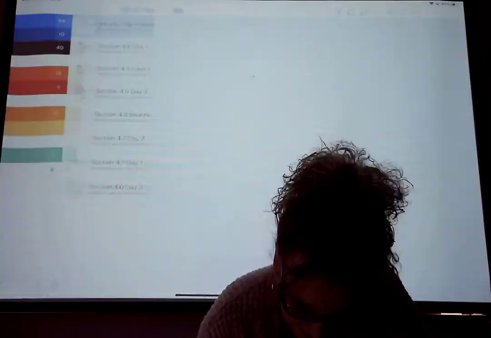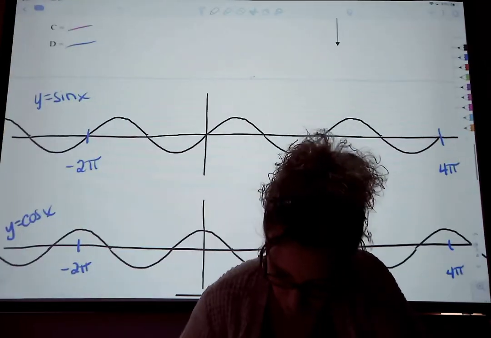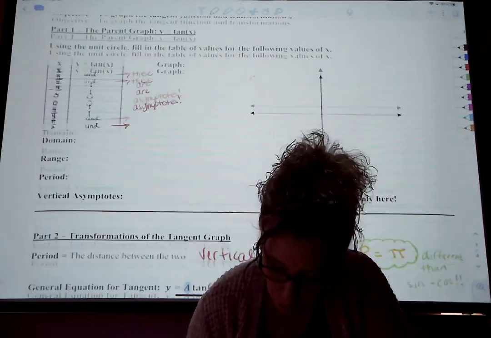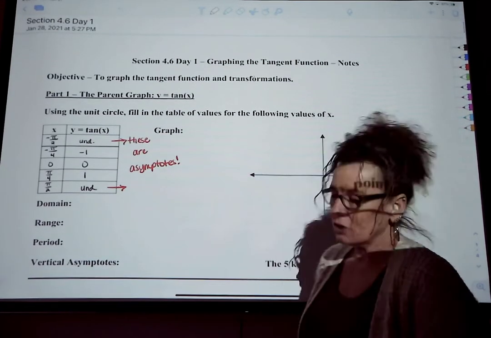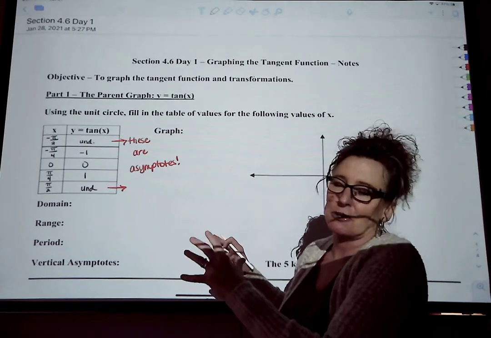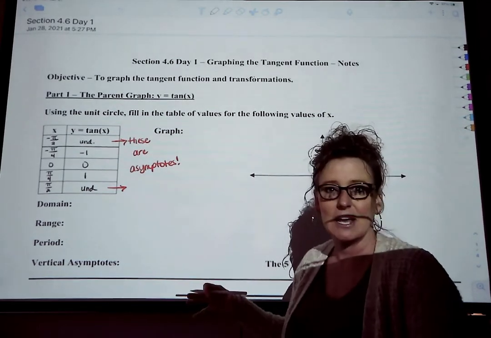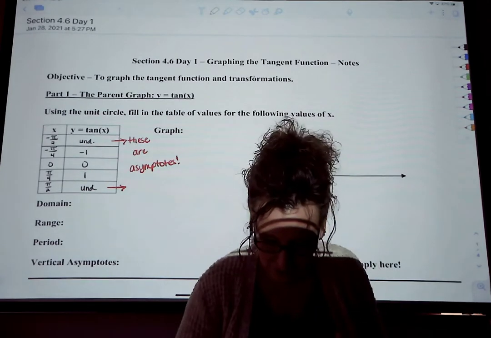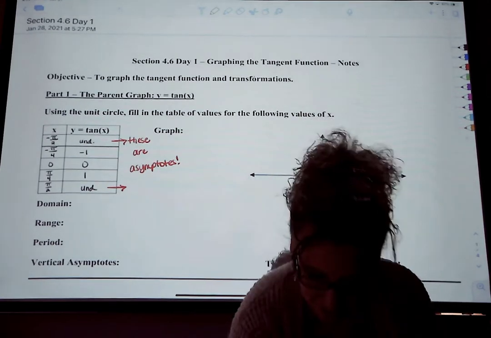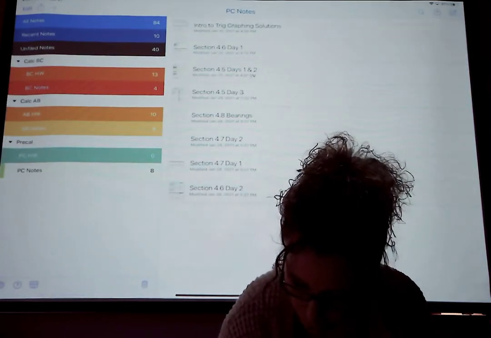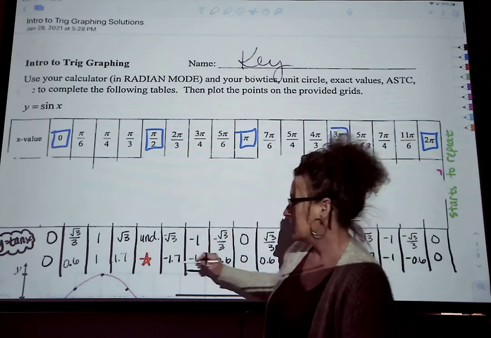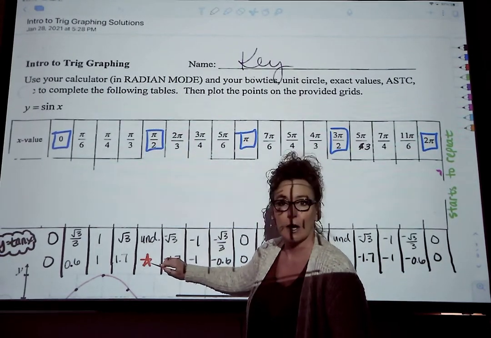Alrighty. Now, on to 4-6 day 1. I think, though, before we get to graphing our own tangent graph, I just want to show you what a tangent graph looks like, because they're completely different than sine and cosine. Keep in mind, there are places where the graph of tangent blows up.